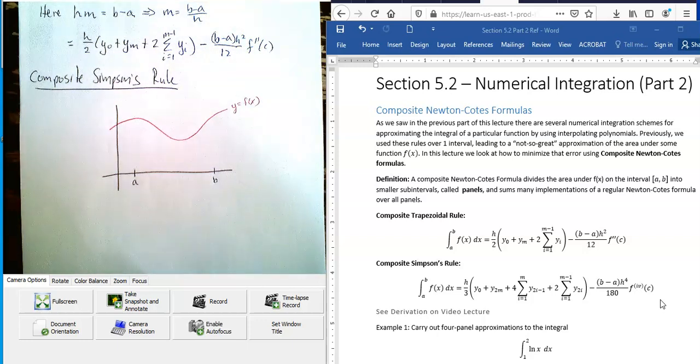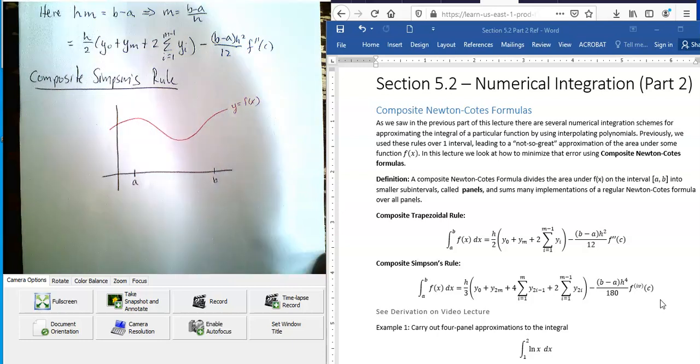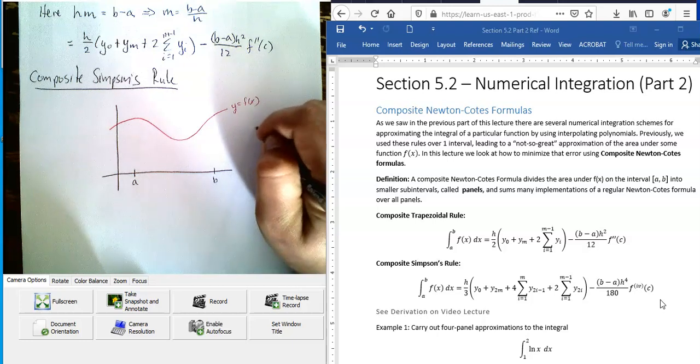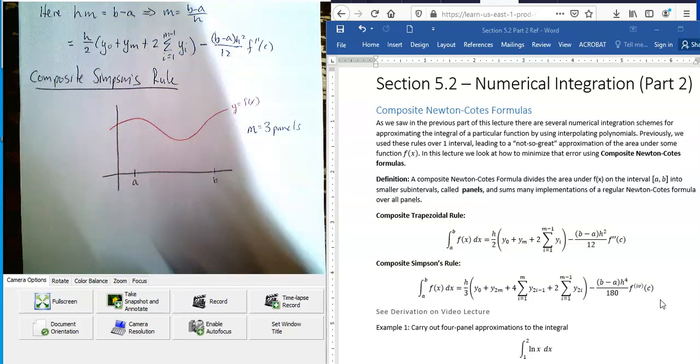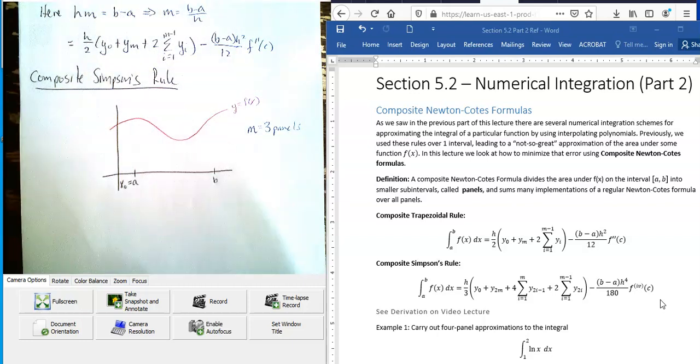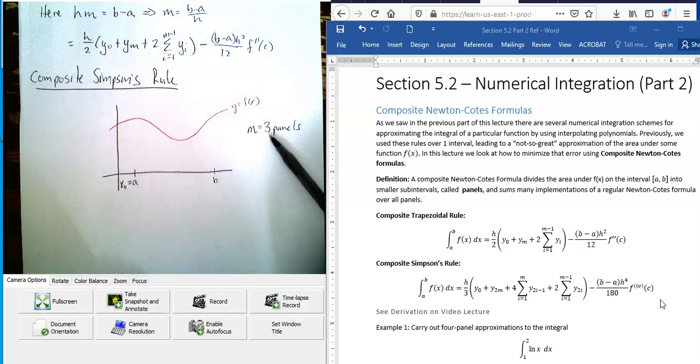But composite Simpson's rule uses many pieces of the quadratic function to do so, right? So let's say we want to have 3 panels, so M is 3 panels here. In order to interpolate, the first panel needs to have 3 points, because the degree of our interpolating polynomial is determined by the number of points minus 1.